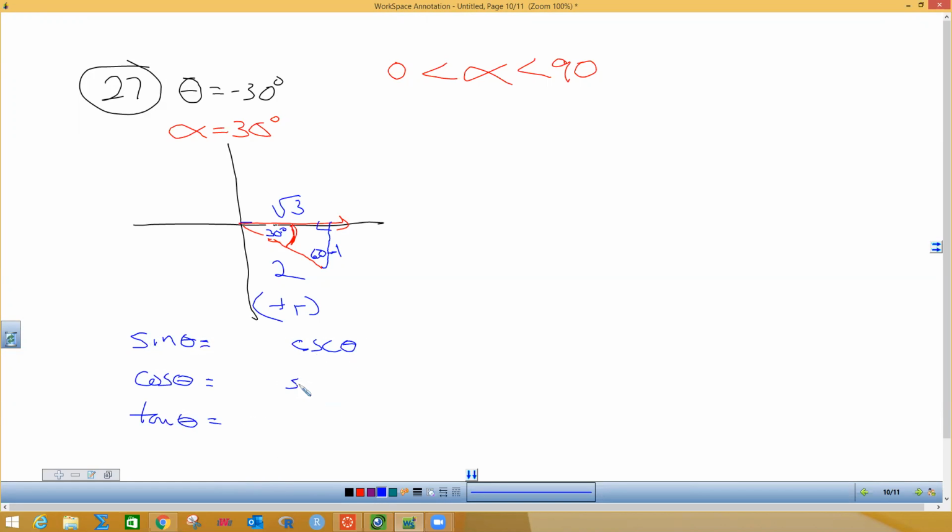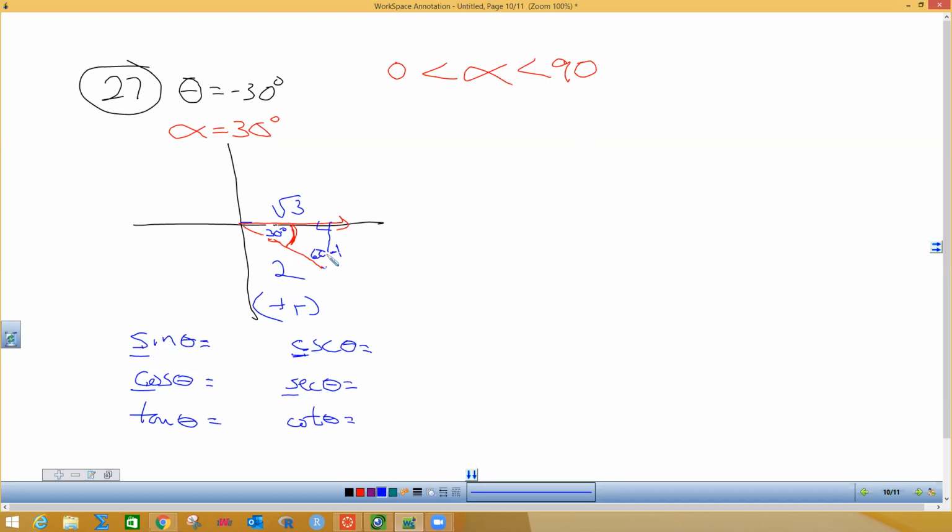The way I remember the first 2 reciprocals is sine starts with S, so its reciprocal starts with a C. Since cosine starts with a C, its reciprocal starts with an S. They're the opposite of what you start with. And tangent and cotangent always are reciprocals, so they both have tangent in them.